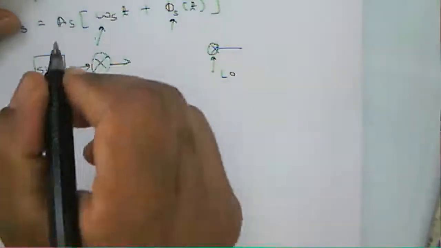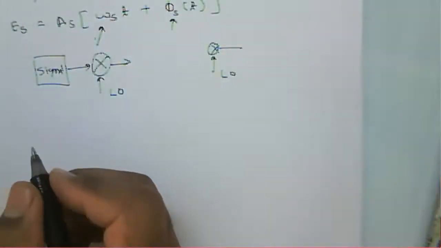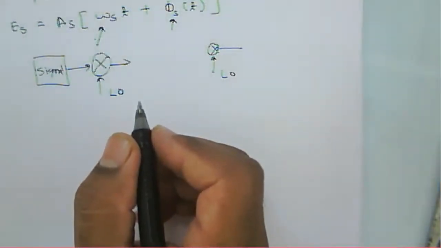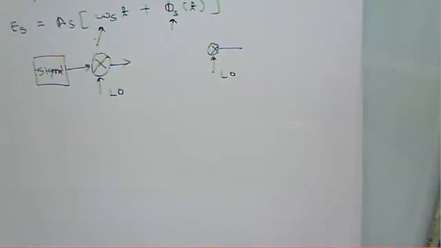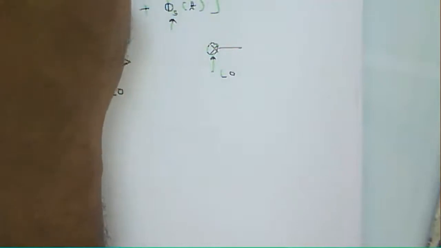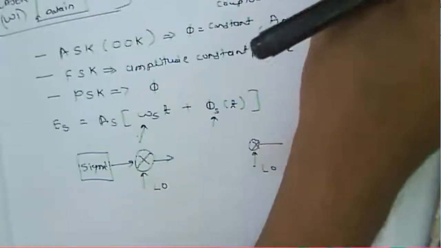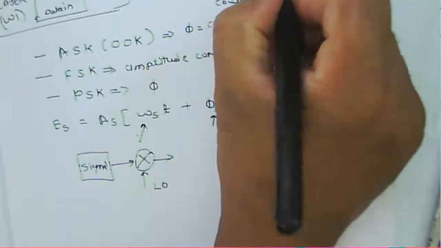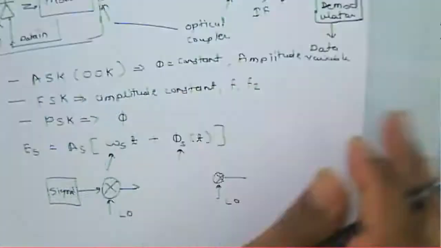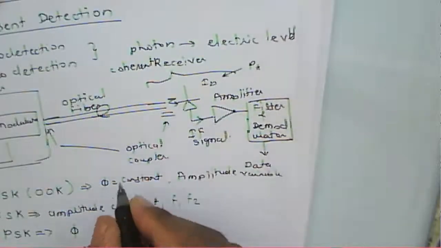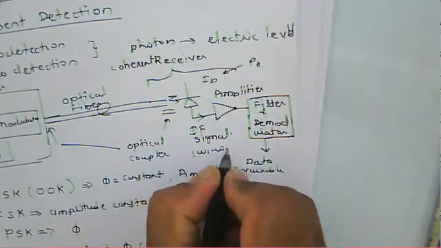Now for the detection, we use the word coherent because the signal frequency transmitted at the input side is supposed to be ω_1 here, and in the detection the signal is supposed to be an IF signal, which is nothing but ω_1 minus ω_2.